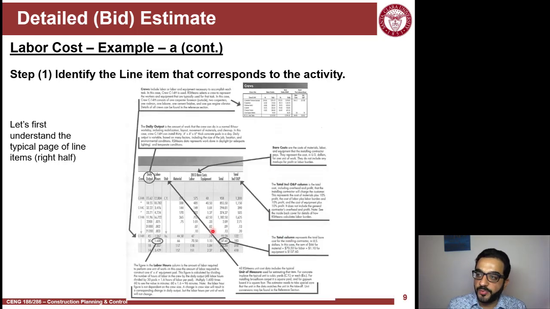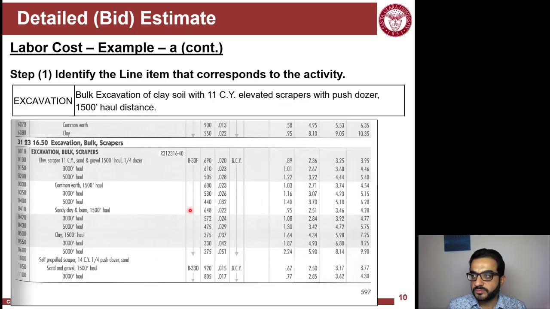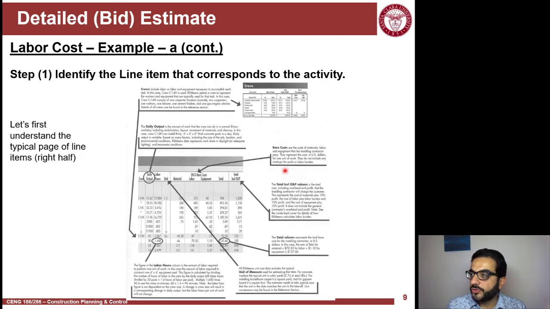The second half of the page is detailing the cost and the production rate. We'll see more when we deal with the next steps of the estimate. But for every line item, you will know what crew you're using, what's the production rate per day, what are the costs per material, per labor, per equipment, total cost, and then there is something called total including overhead and profit.